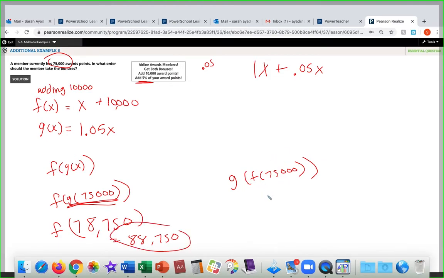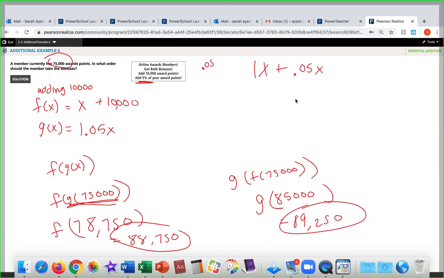Here, I want to add the 10,000 first. So if I add 10,000 to this, I'll get 85,000, right? And then I want to plug that into g, giving me 1.05 times 85,000. So 85,000 times 1.05, that is 89,250. So which way do I want to go with?